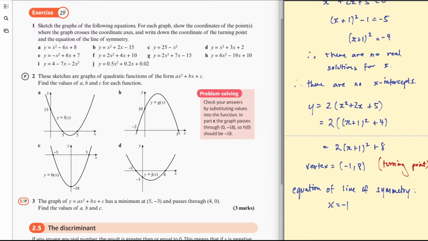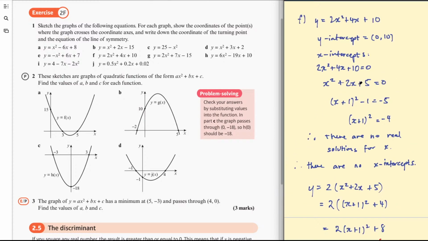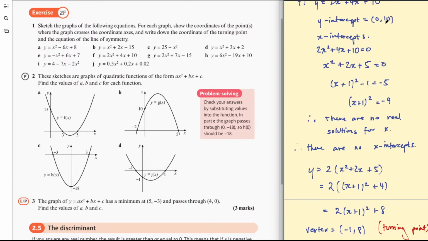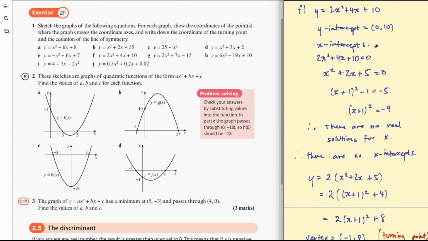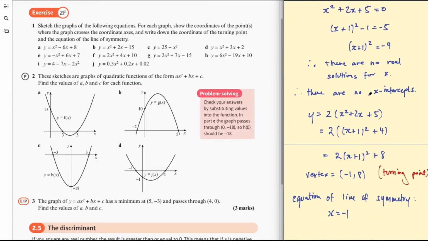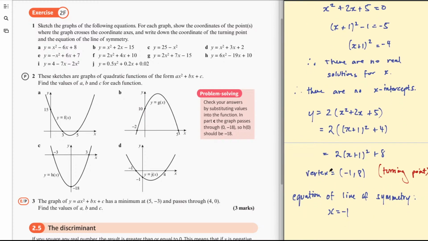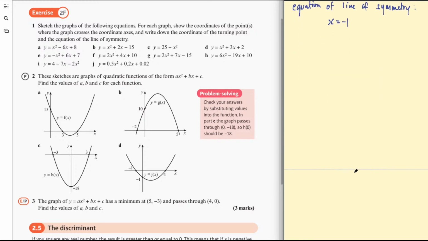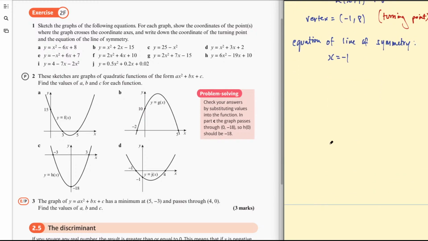Then I need to sketch this graph. So I had a y-intercept at 10, no x-intercepts, it's a positive, so it's going to be above the x-axis, and a minimum at -1, 8. Okay, so let's see how we go here.